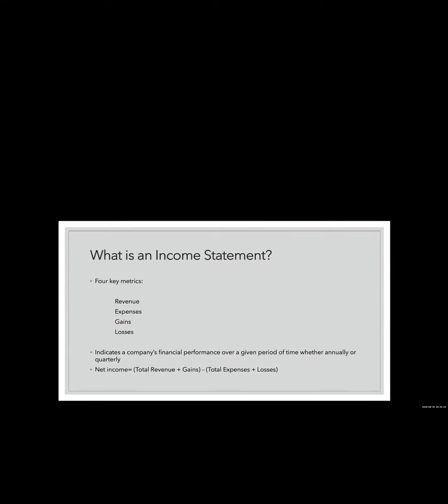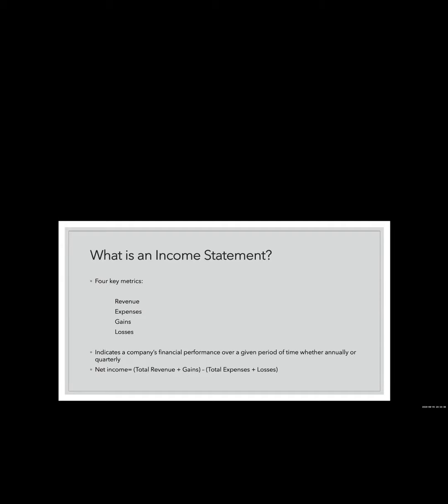You're going into the income statement, the balance sheet, and the cash flow. These are the 3 components that you'll be looking at on Yahoo Finance or whatever you use. So what is an income statement?